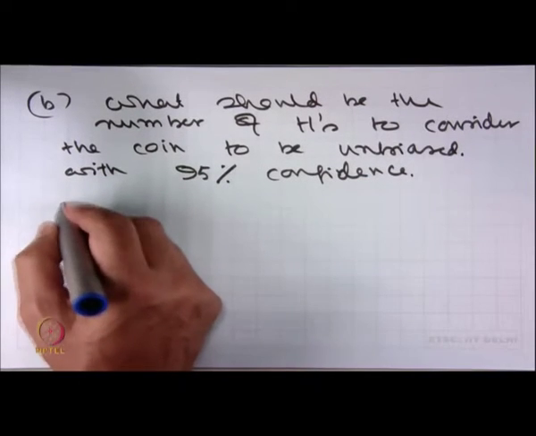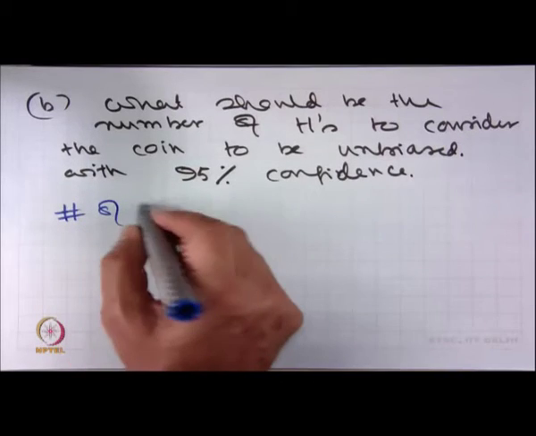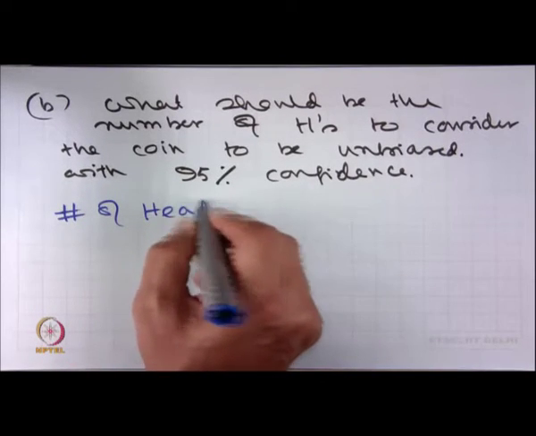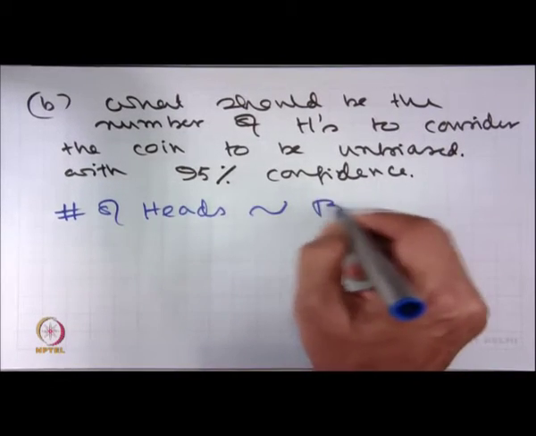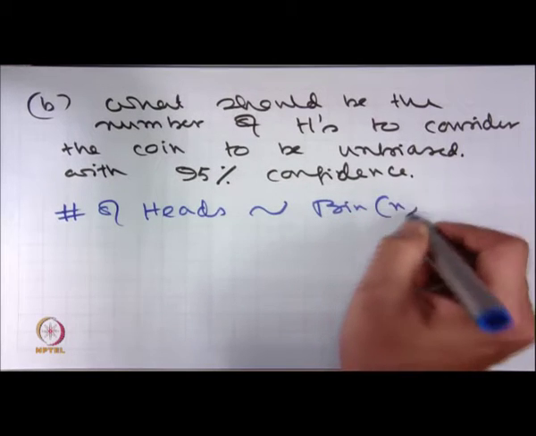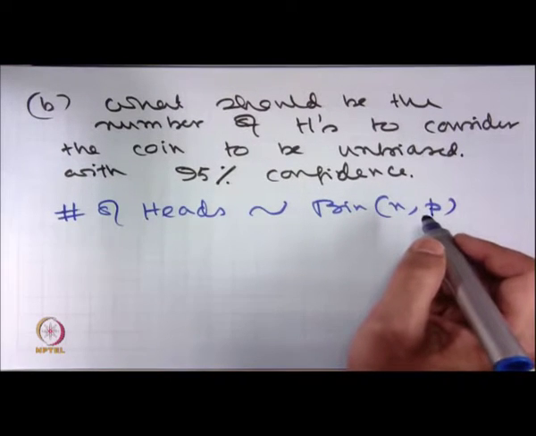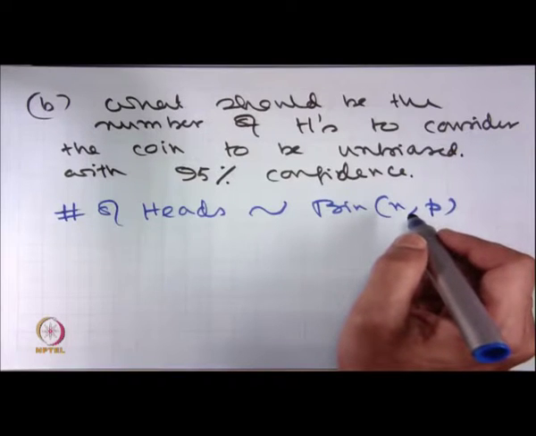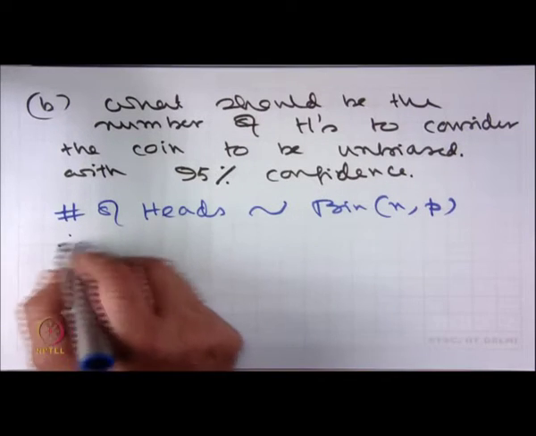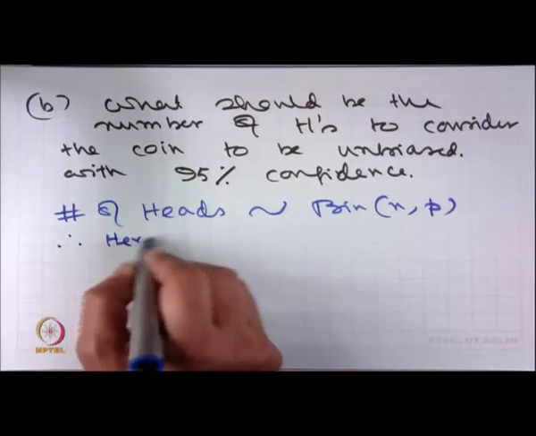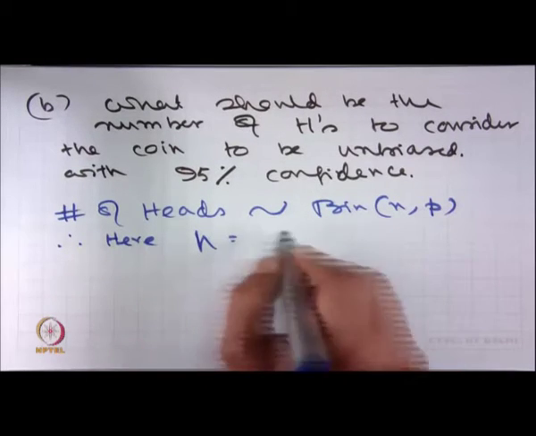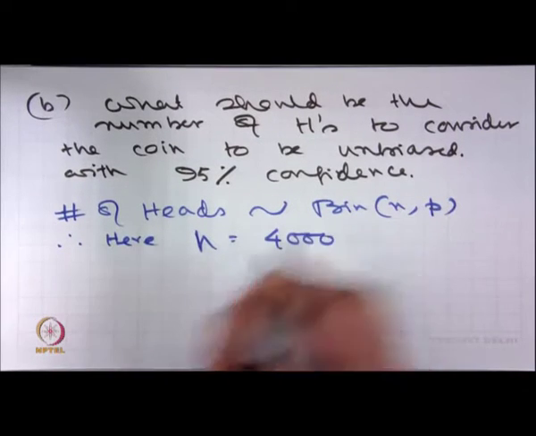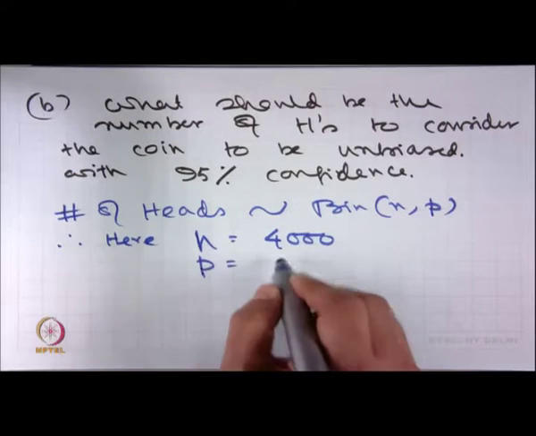We know the number of heads follows binomial n, p. So, here n is equal to 4000, p is equal to half.